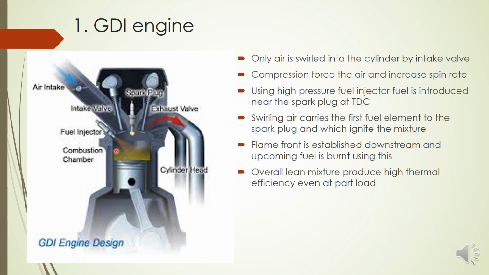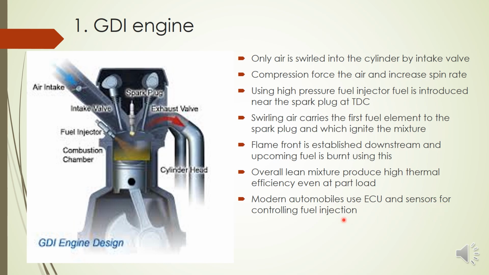And overall we are using a lean mixture than the conventional engine. So the thermal efficiency is very high even at part load. And most of the modern vehicles use this GDI engine, and another important thing is they use electronically controlled GDI engines. That means an ECU or a microcontroller controls the timing and amount of fuel injection.